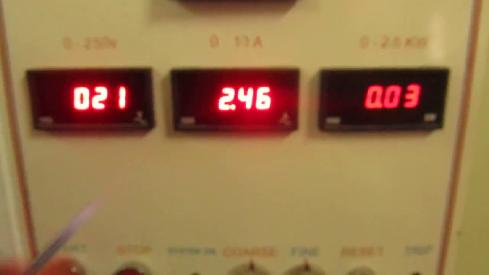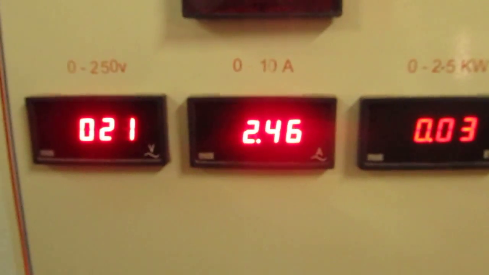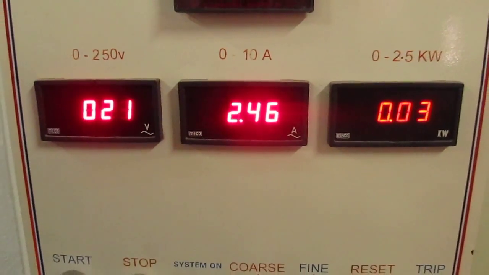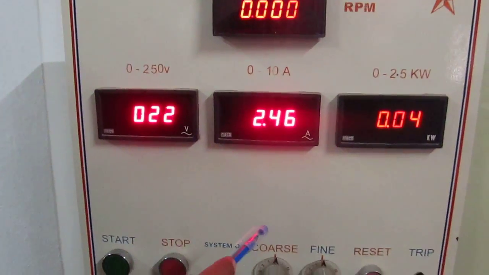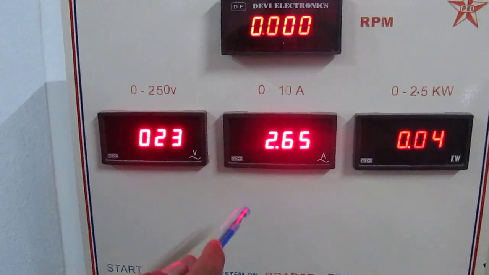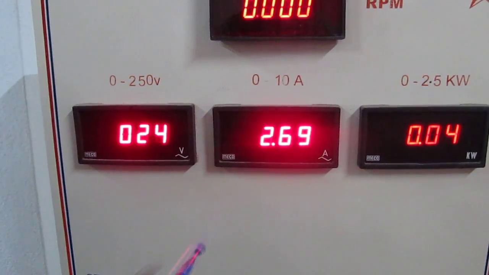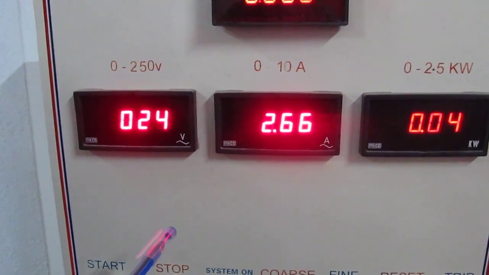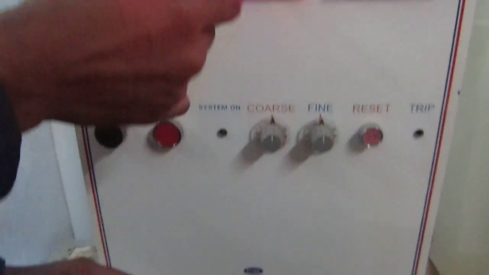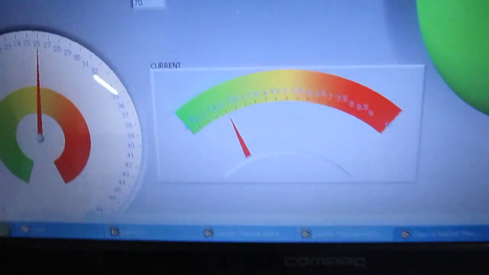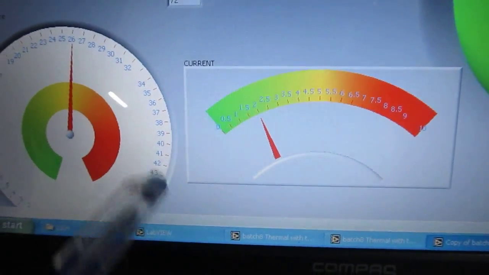You can see it is going up more and more, 3.46. It is still growing. Yes, the initial inrush current is gradually suppressing. It is coming down.